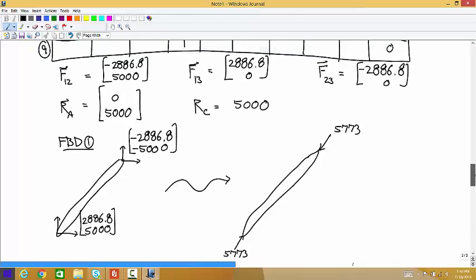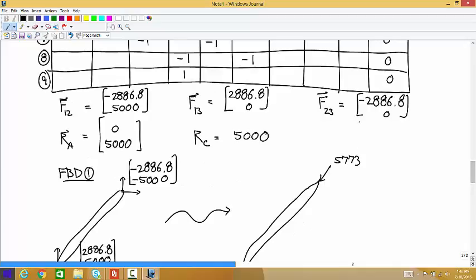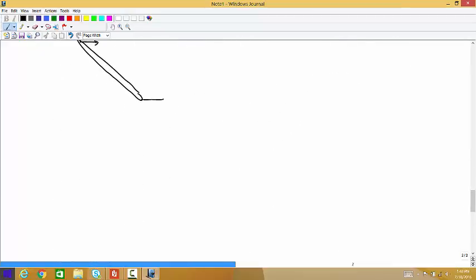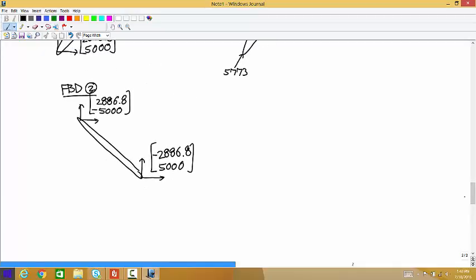And down at the other end, you have the force on 2 by 3 plus RA. So that's negative 2886.8, positive 5,000. And again, that's in compression.